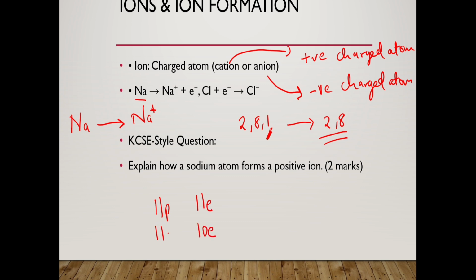The protons don't change, so you still have 11. If you look at it, 11 plus 11 minus 10, electrons are negatively charged, so you still have plus 1. So you just have an extra proton in your ion.